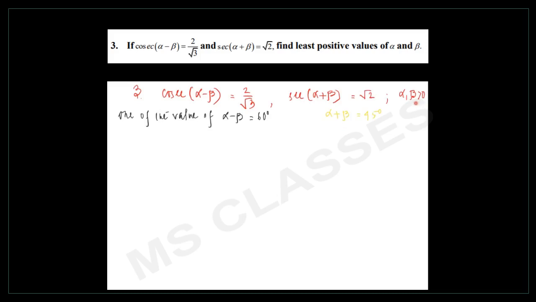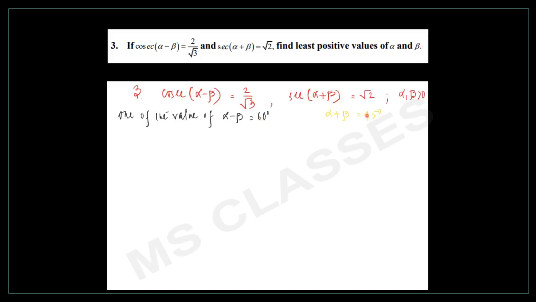If someone takes alpha plus beta as 45, whereas alpha minus beta equals 60, then one of the angles must come out negative. Obviously, your sum is 45, difference is 60, so one of the angles will be negative only.